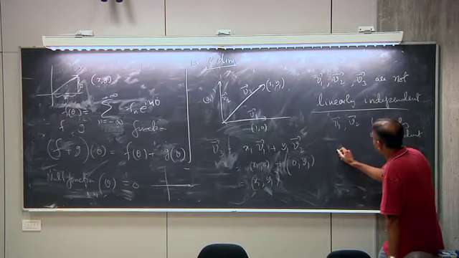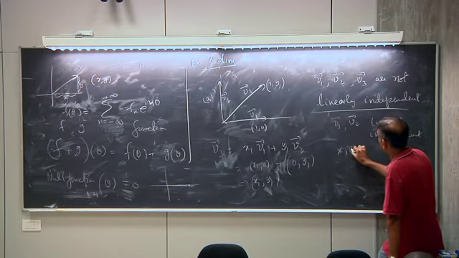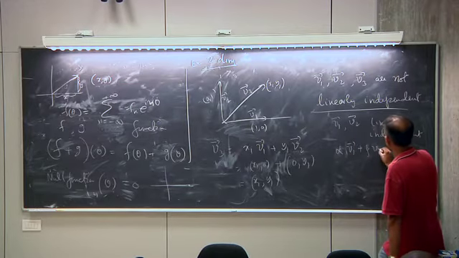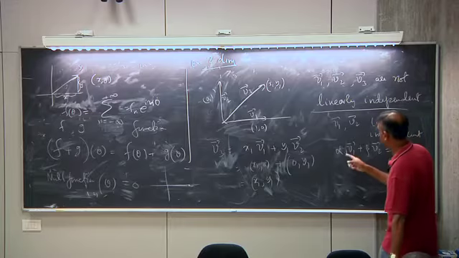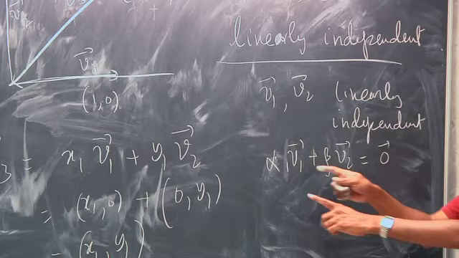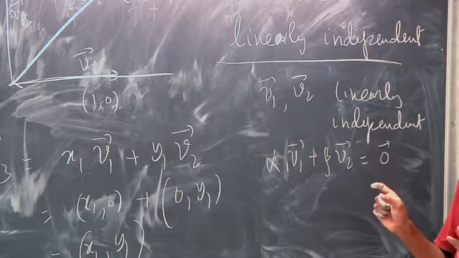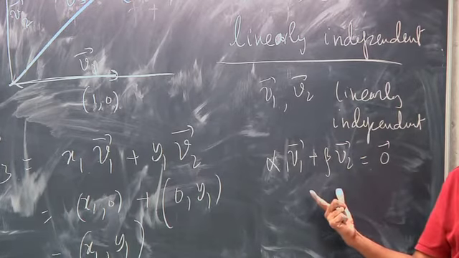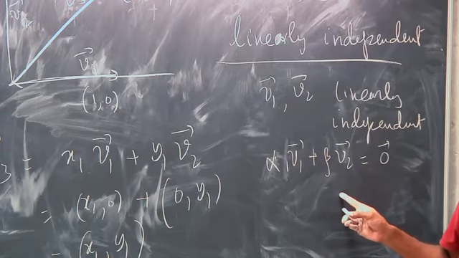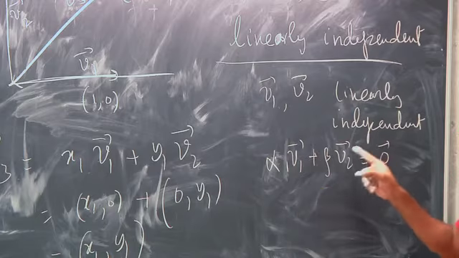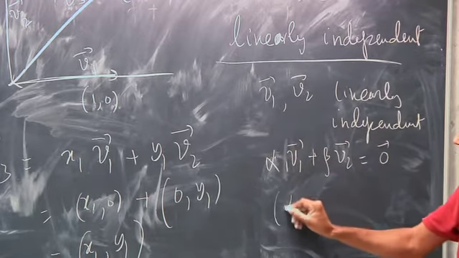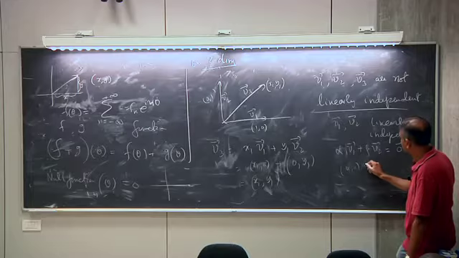Because if I consider an equation alpha times v1 plus beta times v2 equal to the null vector, let's see if there is a solution. Alpha and beta are unknown, and I want to solve for them. The statement is that the only solution is alpha and beta both zero. Let's work it out. v1 is 1, 0, so this is alpha, 0. This is 0, beta.